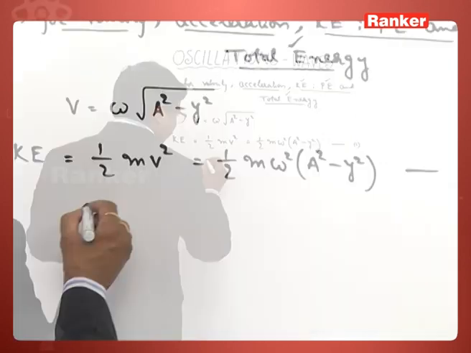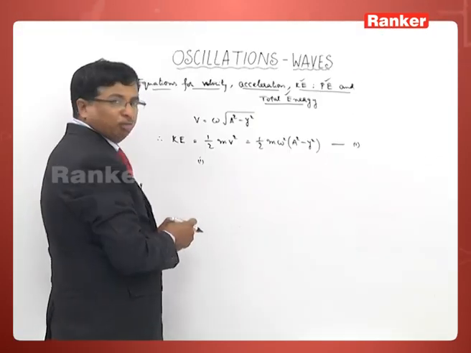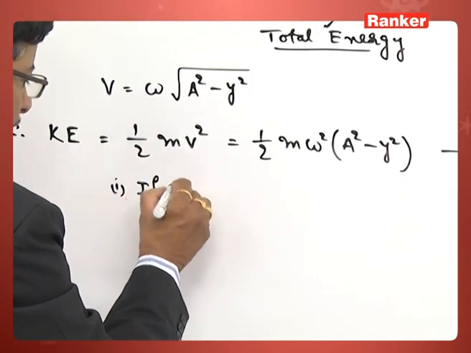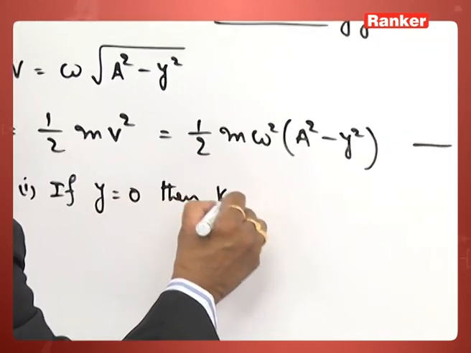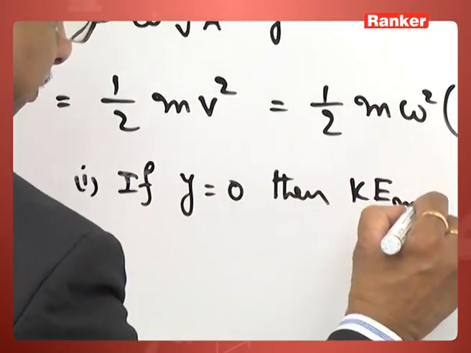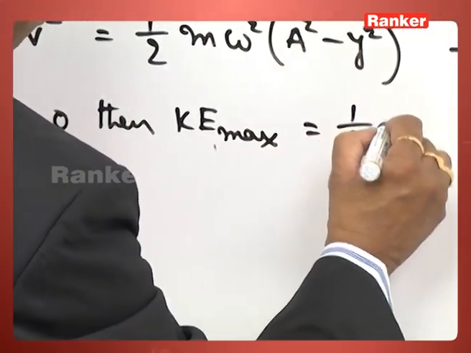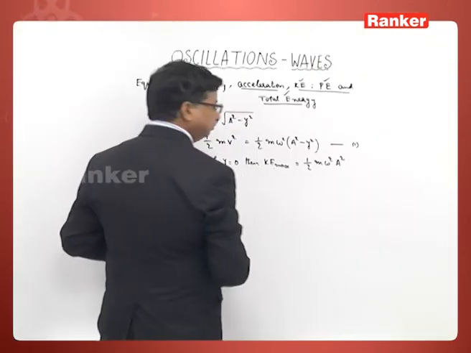Once again, the same two conditions can be taken up for this equation as well. What is the first one? If y is equal to 0, then kinetic energy is maximum. And what is its formula now? Half m omega square A square.